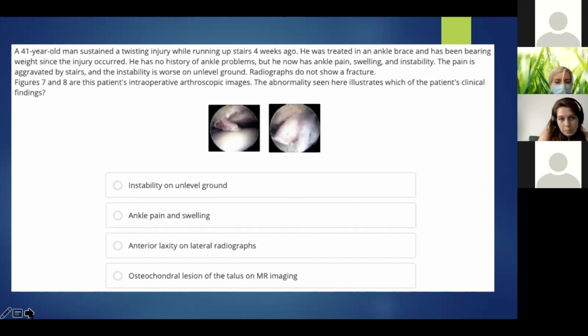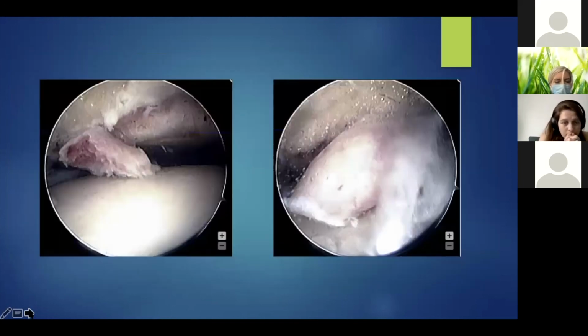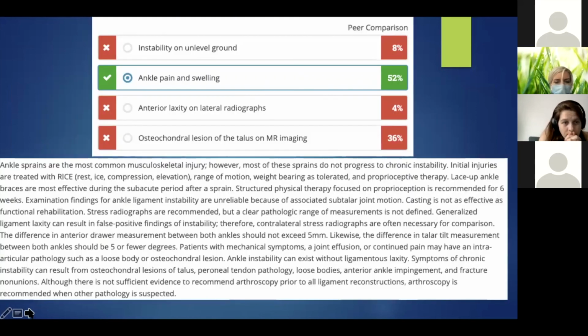I think it's probably ankle pain and swelling that he's experiencing from this. Right. Ankle pain and swelling, exactly, because the talus, they're just trying to get you to identify that. And we can see it maybe from a tibial OCD, but sometimes also just from a chipped off anterior osteophyte, we see loose bodies like that too. Okay.